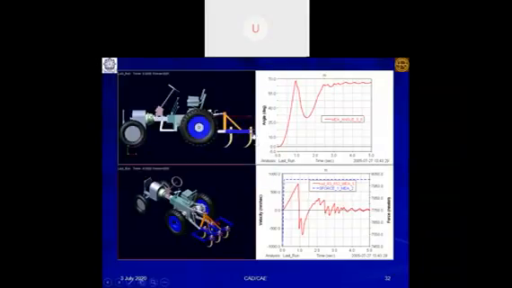This is the example we have solved in the tractor simulation using Adams. The 3D CAD model was input to Adams.